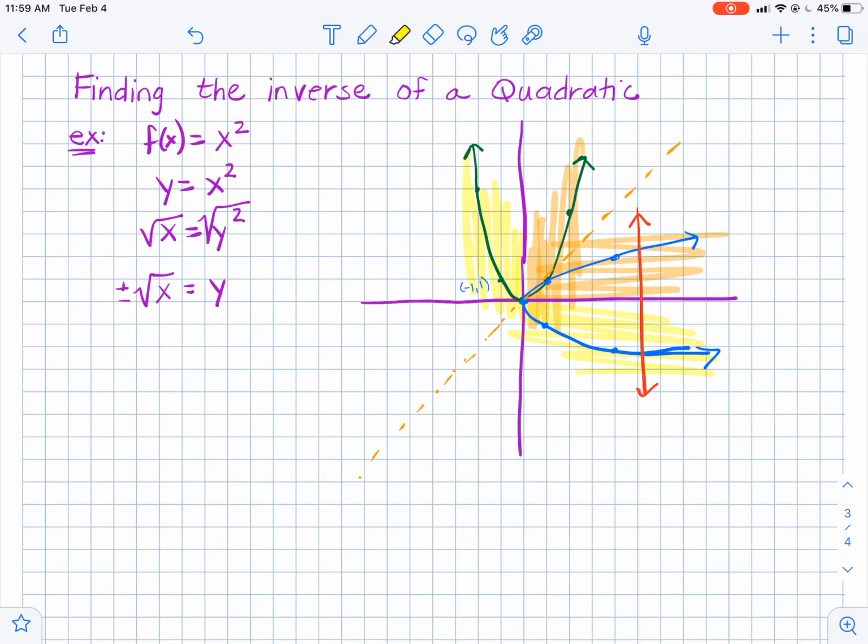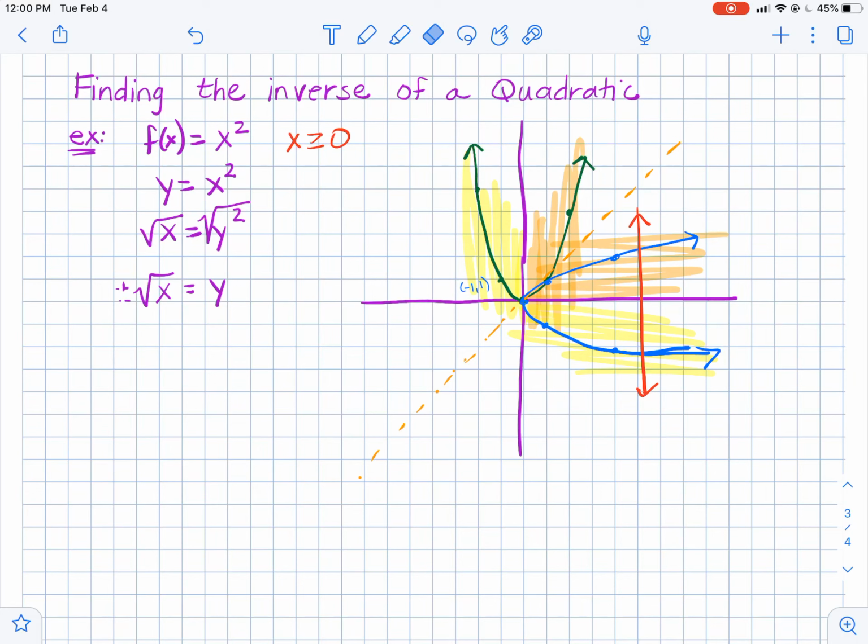So I have to decide which one. Now, normally, not all the time, but normally when I restrict the domain, we usually say look at the positive half of it. So we're only going to look at where x is greater than 0, okay?